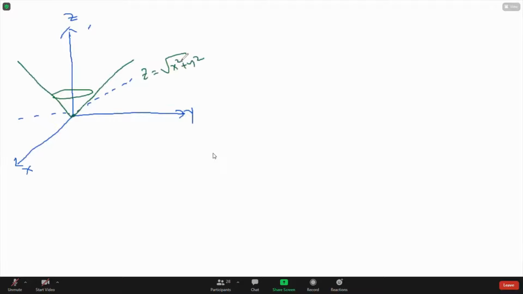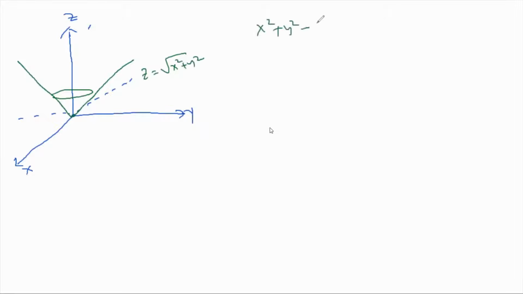Now you have a solid, I mean sphere. Sphere is this, x squared plus y squared plus z squared equals z. But if you complete the square, I'm rewriting this one: x squared plus y squared plus z squared minus 2 times 1/2 times z plus 1/2 squared, and then you're adding 1/2 squared to the other side.